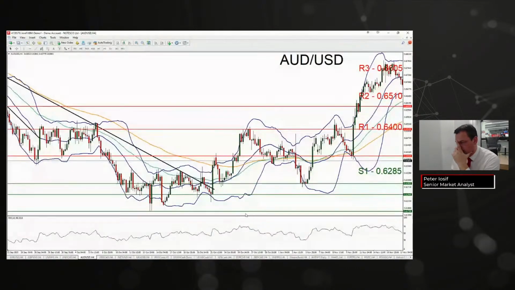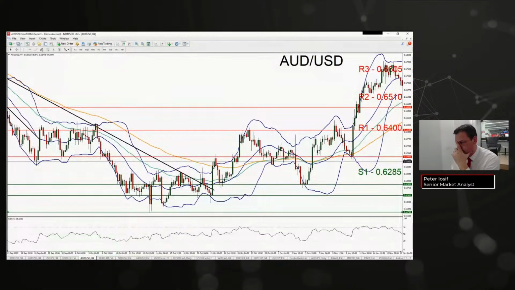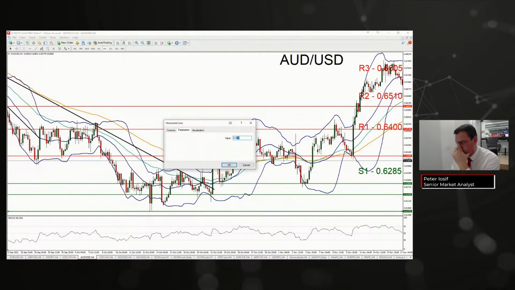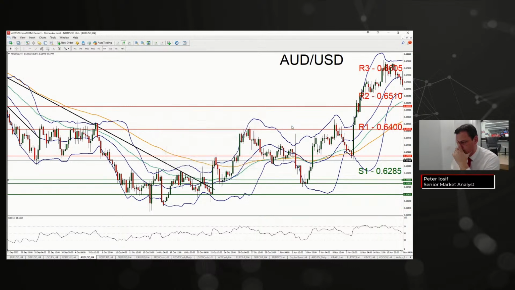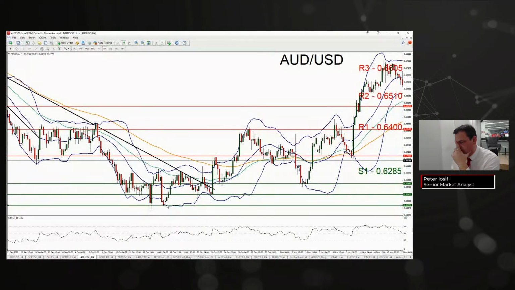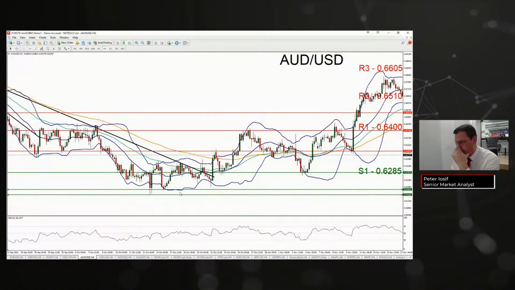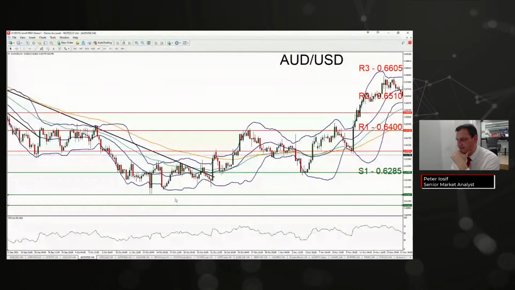Okay, there may be a middle level here. Yet I would prefer this level here. Could go even a bit lower, like here. And let's move on for the next.